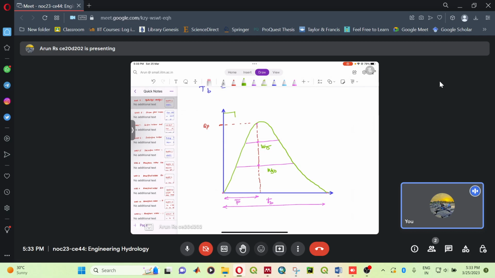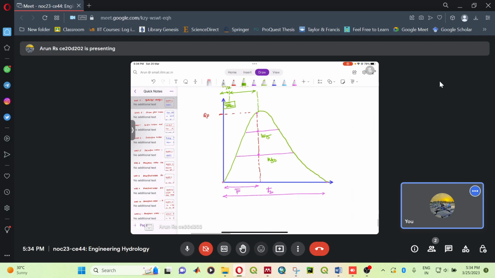And here we have the excess rainfall, and this duration is TR by 2, and the peak, this is QPR. So this is how you find out the Snyder's unit hydrograph parameters and the associated values. So that's it for today's session. Thank you.